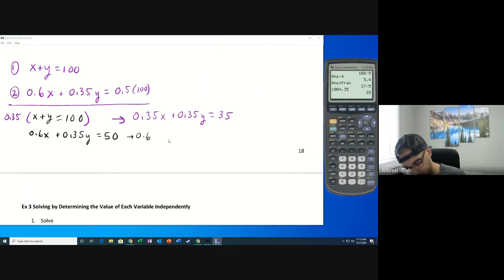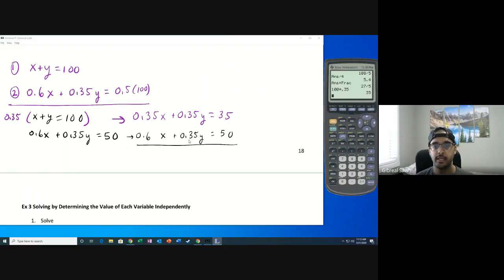So 0.6x plus 0.35y, that's equal to 50. Now we got to decide how to eliminate. The coefficients of y are identical and the signs are the same. We're going to subtract. Okay, so 0.6 minus 0.35 gives us 0.25x's. The y's are gone. That's equal to 15.